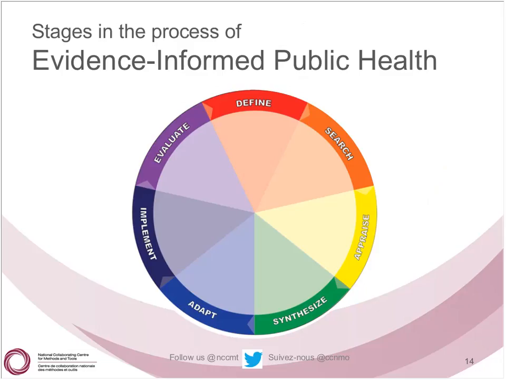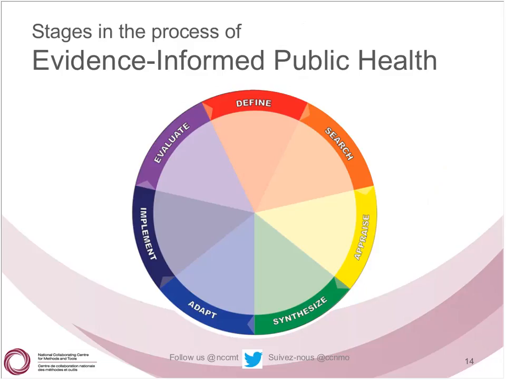Now, the other model or approach that I want to talk about, and I'll be talking about this one really for most of the rest of the webinar, is this model of stages in the process of evidence-informed public health. We call this the wheel. And if you're familiar with NCCMT work before, you've probably heard of the wheel or seen it in operation.